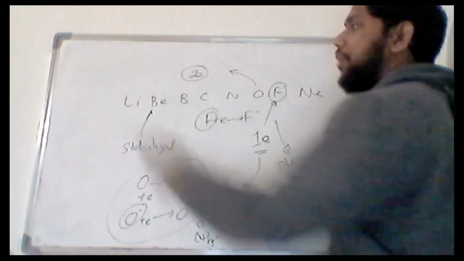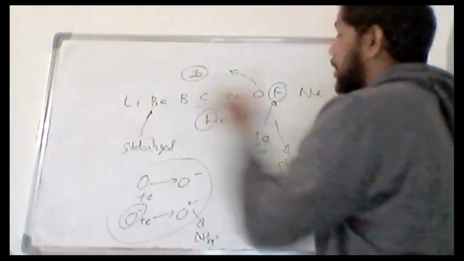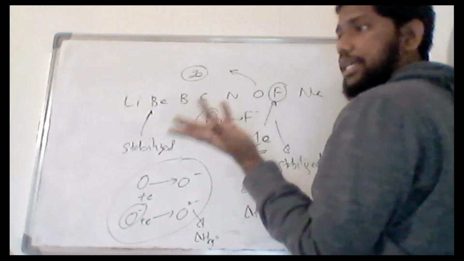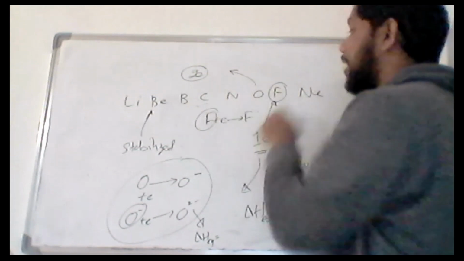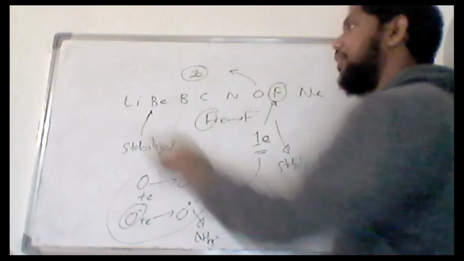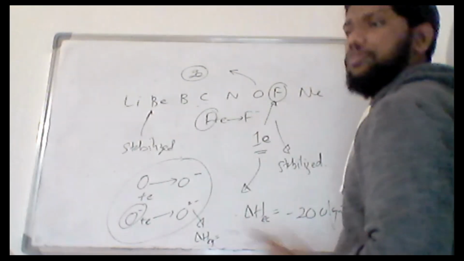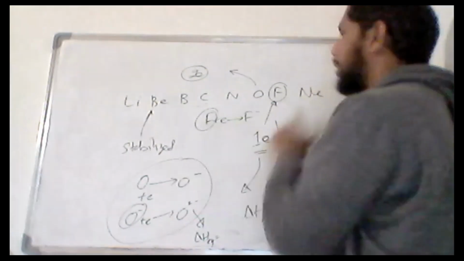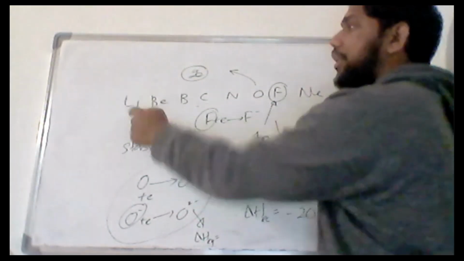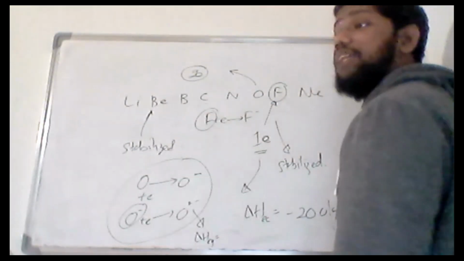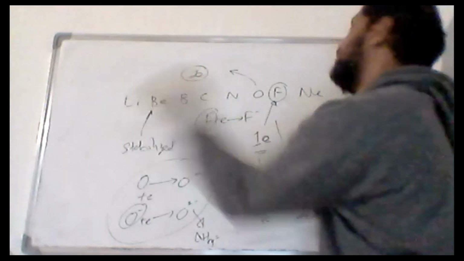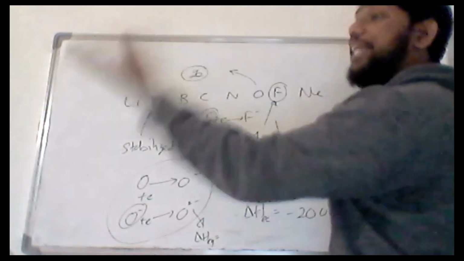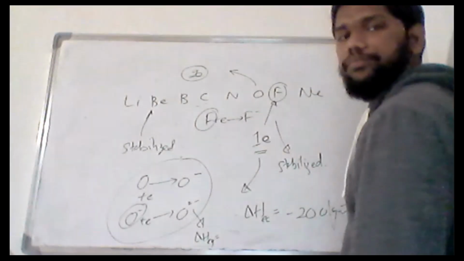But here you have more electrons, and F minus will be more stable than lithium minus. You can imagine, this is a metal and this is a non-metal. Lithium will mostly prefer to be lithium plus rather than lithium minus. So in that case, fluorine will have the highest energy given out.